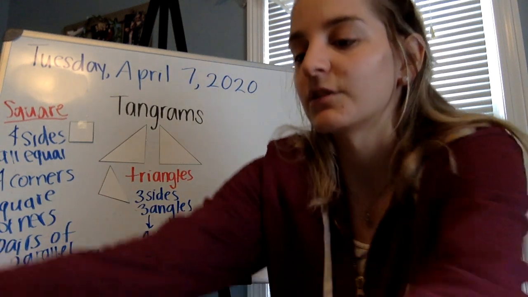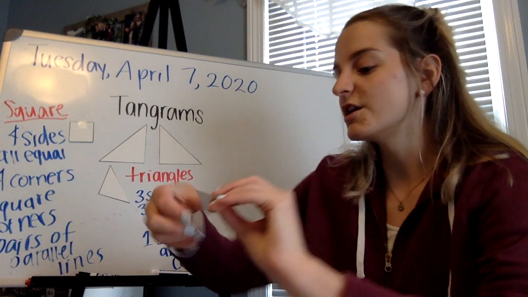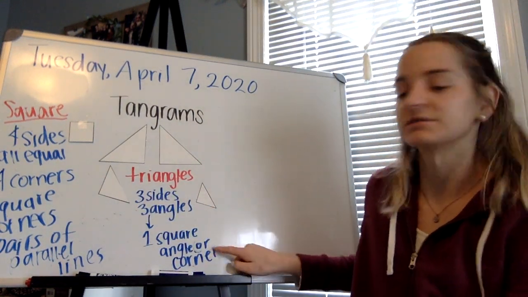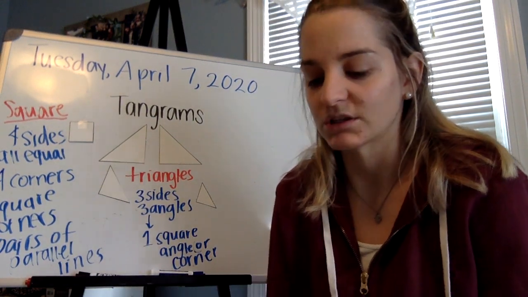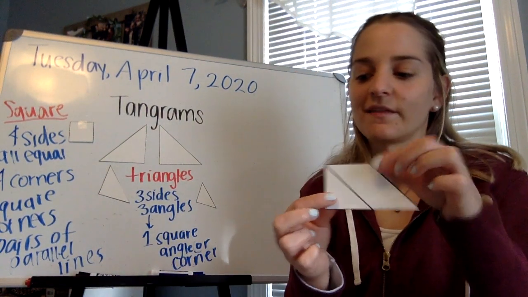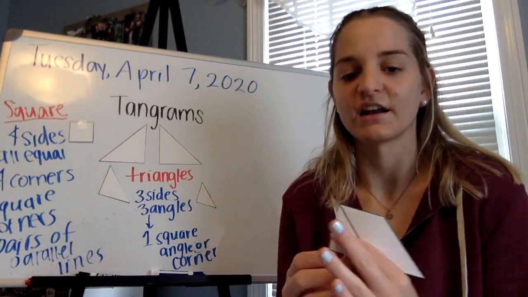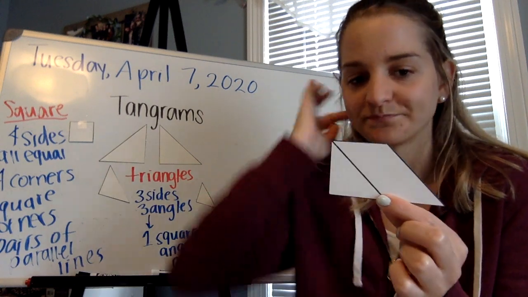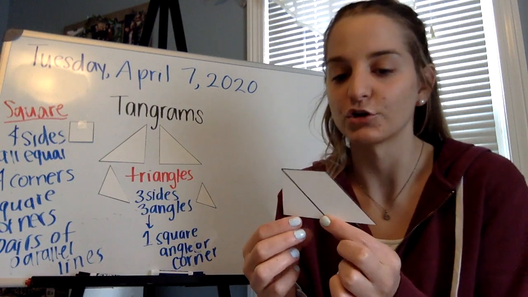So even though it's a little bit smaller than the other ones, we now have another triangle with 3 sides, 3 angles, and 1 square angle, one square corner. Now let's look at the last of our tangrams. Remember, we started as a big square and I've been cutting them up into smaller shapes. And tomorrow we're going to go back and put them together and make new shapes.